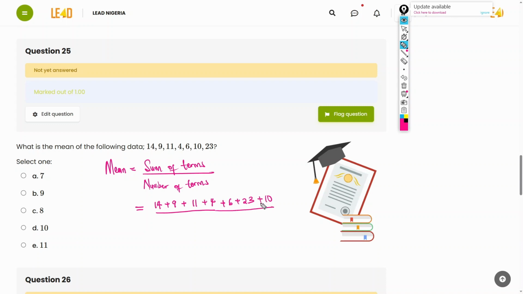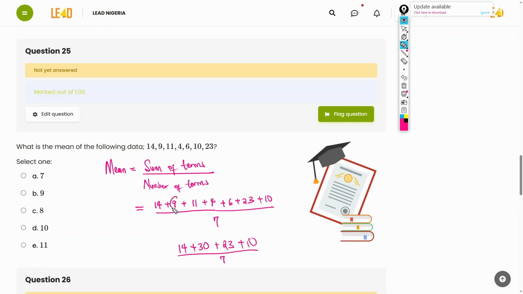Divided by the number of terms. How many terms do we have? 1, 2, 3, 4, 5, 6, 7, divided by 7. So let's add up the top. Okay, so 11 and 9 would give me 20, and then plus 4 and 6 would give me 30. So I'm going to say 14 plus 30 plus 23 plus 10 over 7, right?